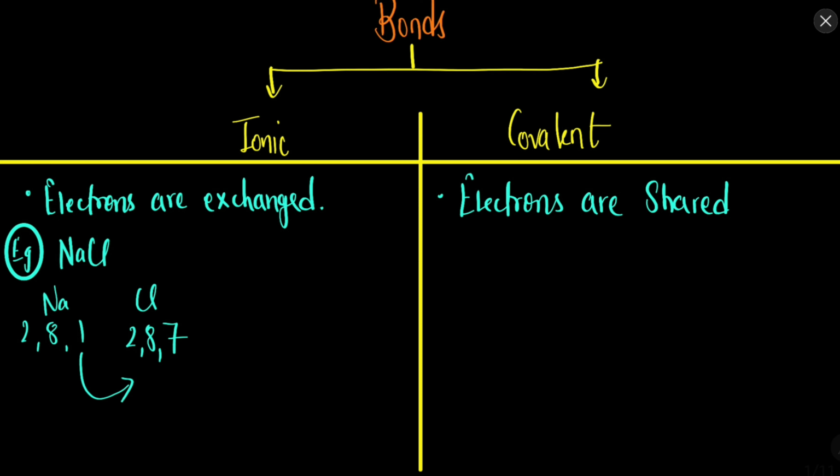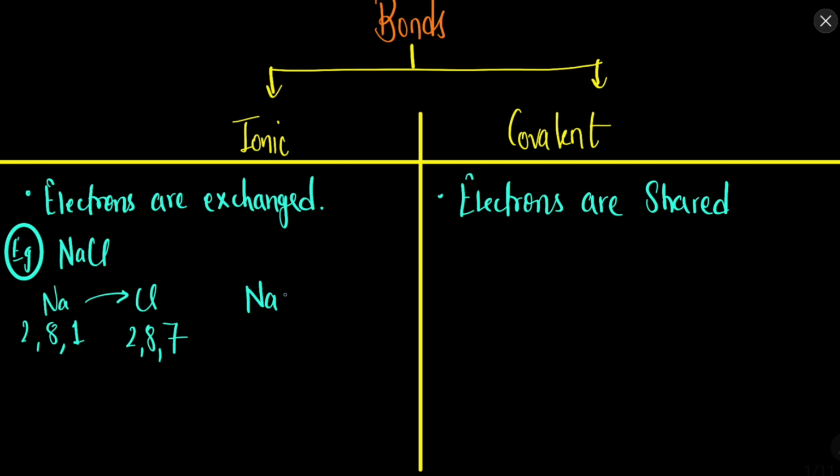It can donate its one electron, and the third shell will become empty, and the outermost shell will become the second one. In the second shell there are already 8 electrons, so it will become stable. And chlorine requires only 1 electron, so it will take that 1 electron. So sodium is the donor, chlorine is the acceptor. Sodium will donate 1 electron to chlorine.